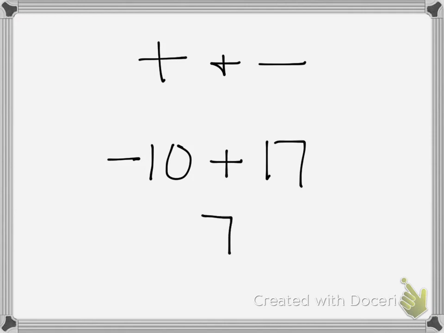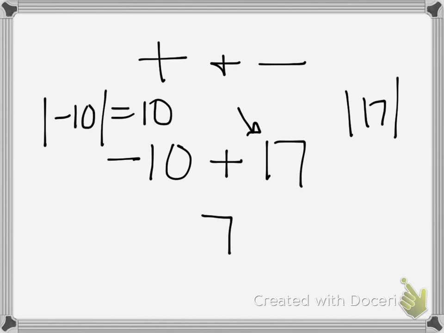Then I take the sign of the highest number, which is probably not a very mathematical way of saying the absolute value of each number. The absolute value of 17 is 17, and the absolute value of negative 10 is 10. The largest one is the 17, which is positive, so the answer is positive 7.